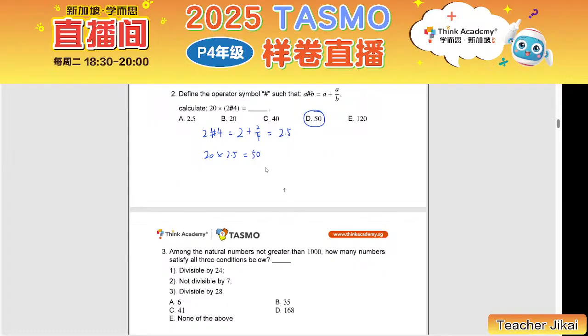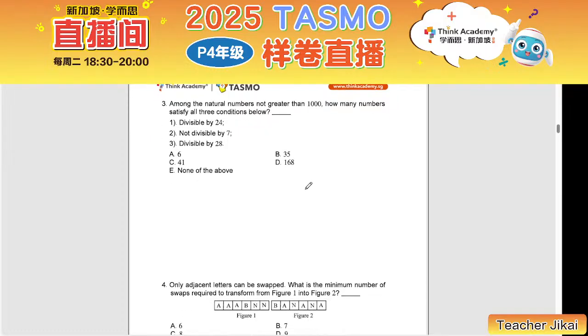Okay. Then we are going to have our question 3. Among the natural numbers not greater than 10,000, how many numbers satisfy these conditions below? First, divisible by 24. Second, divisible by 7. Third, divisible by 28. So we need to think about one thing, right? 28 here is 4 times 7, right? So if we have a number which is a multiple of 28, it is always a multiple of 7, right?